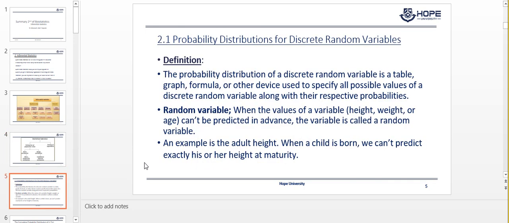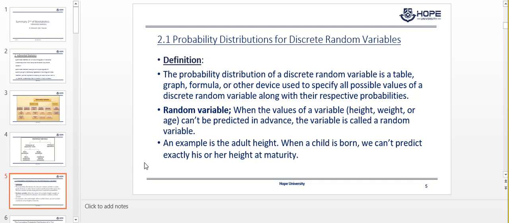So now we go back to probability distribution. Probability distribution is how we can draw our probability data as a figure, a visualization method. Definition: a probability distribution is for a discrete variable, whole numbers, and it is presented as a table, graph, formula or other device.